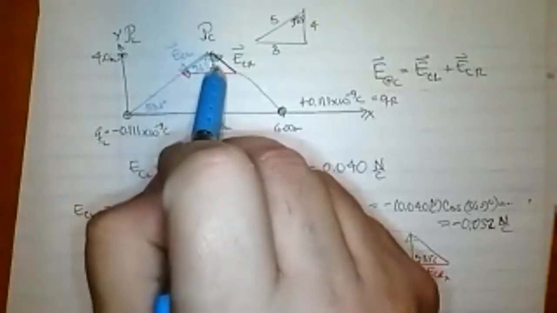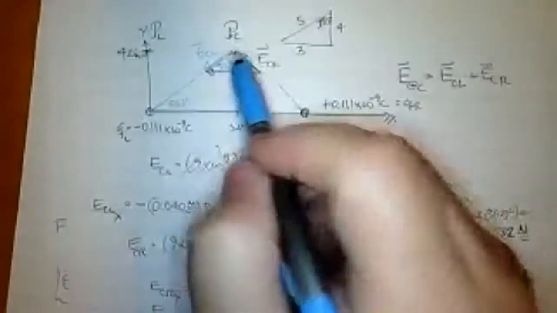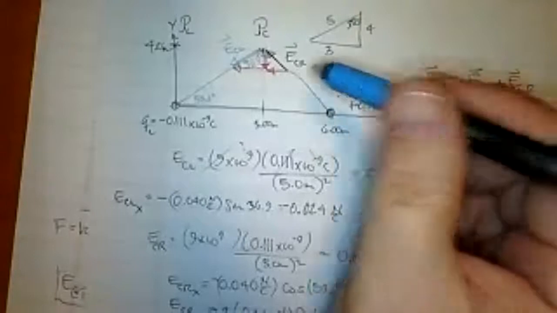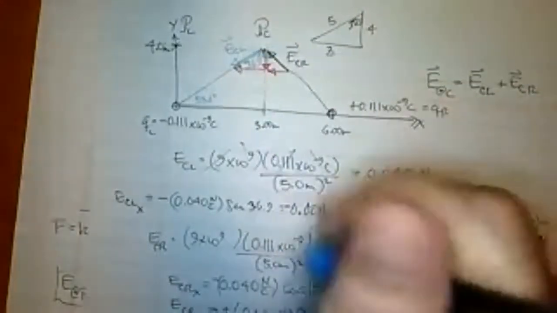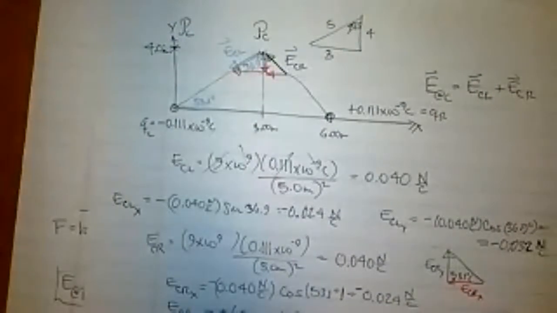Down is the negative y direction, and to the left is the negative x direction. So we can always assume the unknown is positive and determine direction. To determine the direction of the electric field, that's the definition of the electric field direction: the direction that a positive charge would want to travel.